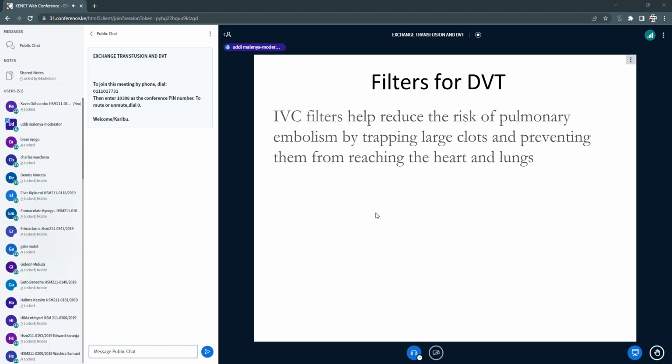Filters for DVT: inferior vena cava filters help reduce the risk of pulmonary embolism by trapping large clots and preventing them from reaching the heart. Once a patient has been diagnosed, especially patients who present with malignancy and DVT, filters are very important for them.